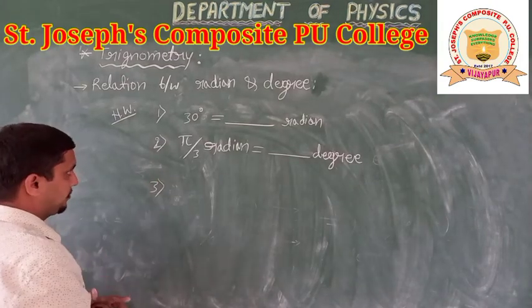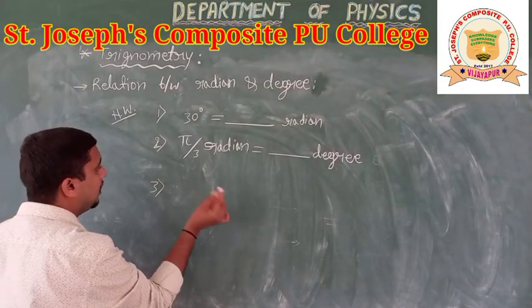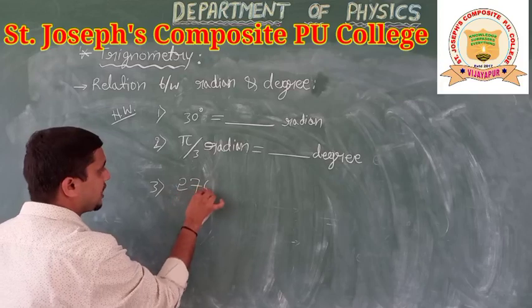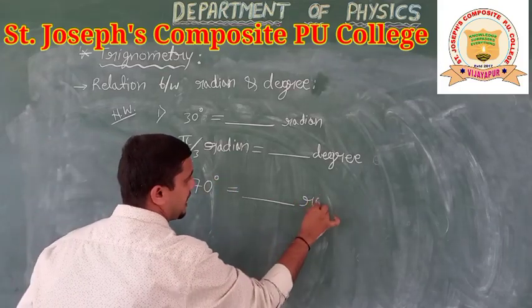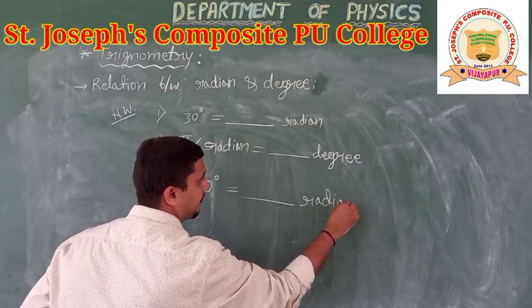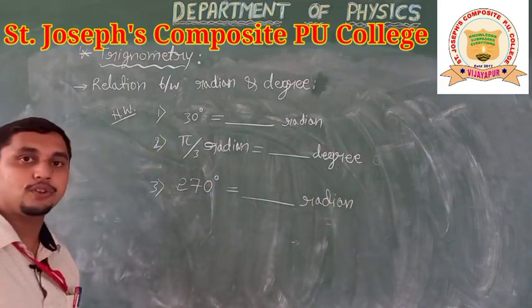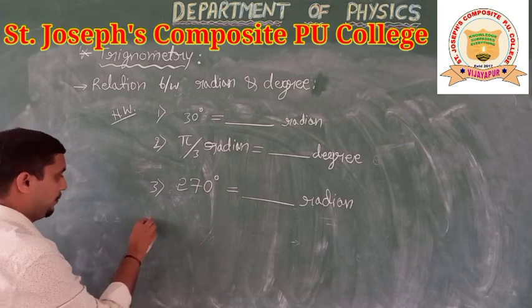And next one: 270 degree is equal to dash radian.